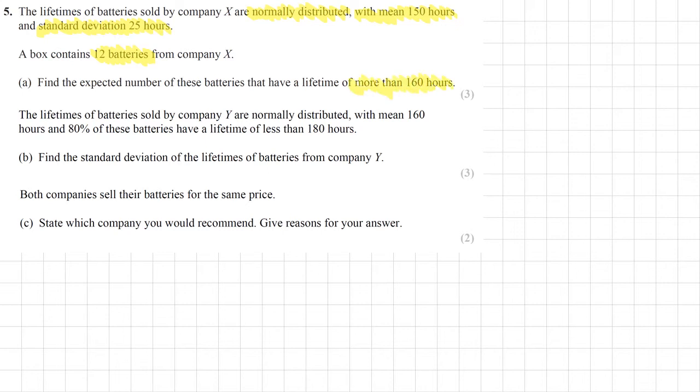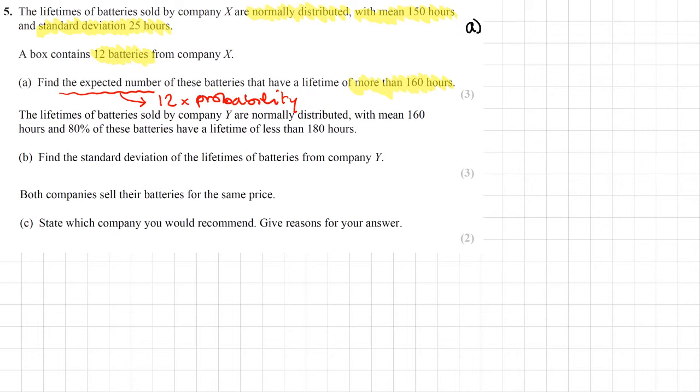As soon as you see that phrase, find the expected number, that means you're going to be doing some calculation times by your probability. Now in this case it's going to be 12 because there's 12 batteries. So it's going to be 12 times by our probability, and we are going to be working at that probability using our calculator and normal distribution.